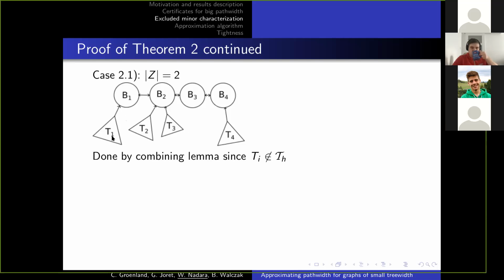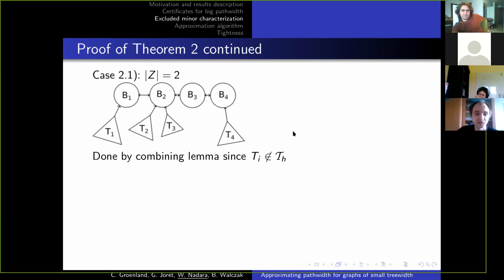In particular, it means that components like T1, T2, T3, and T4 are all small. By small, I mean that they do not belong to TH. Because of that, we know that their pathwidth is small, and because of that, we are done by the combining lemma and getting a path decomposition that is not big.